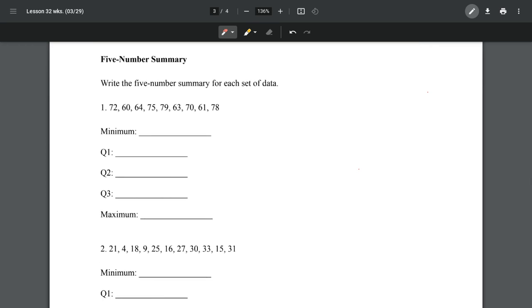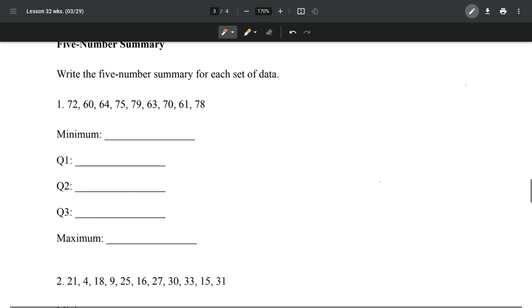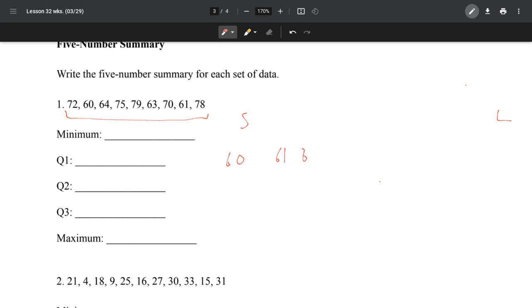We're looking at the 5-number summary here, and we're asked to write the 5-number summary for each set of data. So for number 1, that's our data. And the first thing that we're going to do is just list them in order of smallest to largest. So our smallest value is 60, 61, 63, 64, 70, 72, 75, 78, and then our largest is 79.